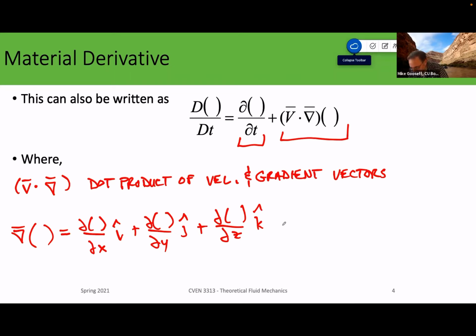So this is ultimately what we would call a gradient vector. Okay?